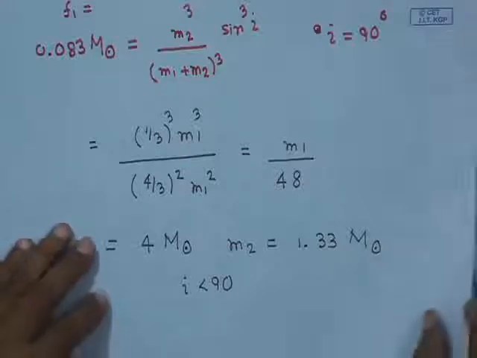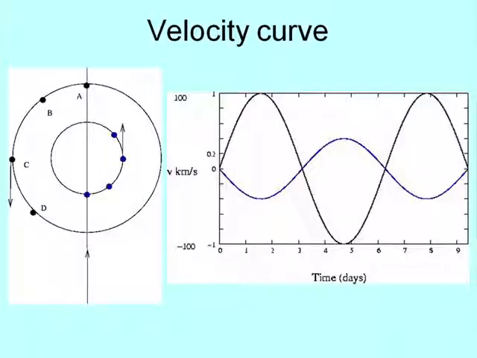So, let me end this discussion over here. What we have been discussing till now is how you can use observations of binary systems to determine the masses of the individual objects, and this is a very unique thing that you can do with binary systems. There is practically no other way in which you can determine the masses of stars.